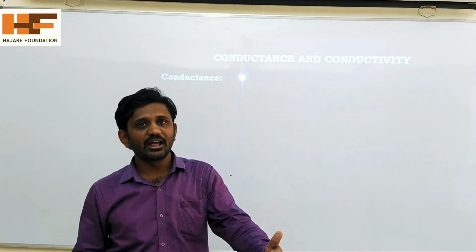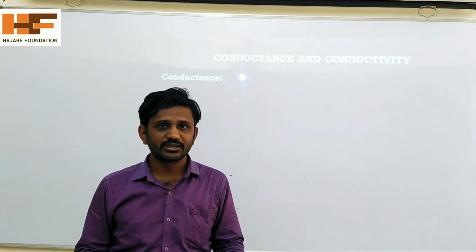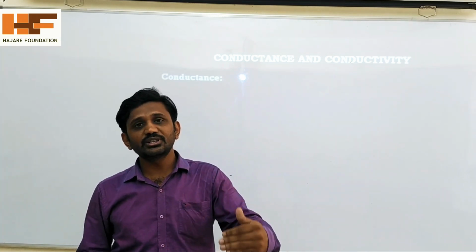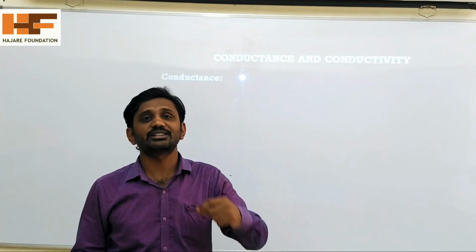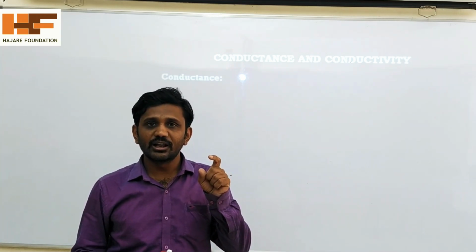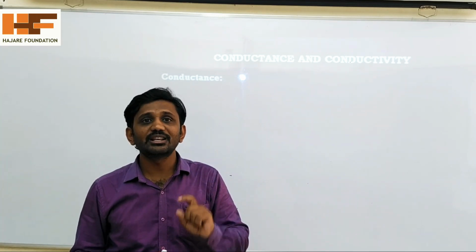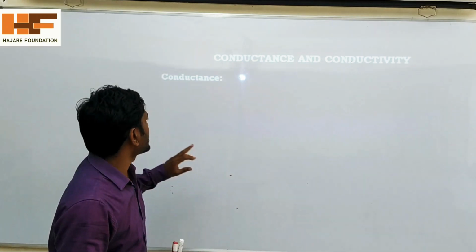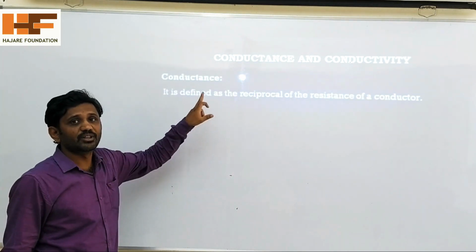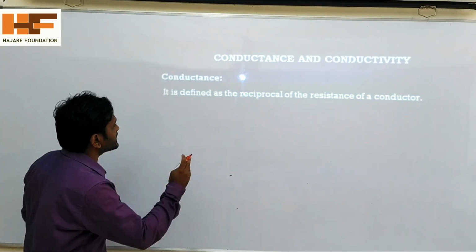Some materials pass more current through them, some pass less. Materials which pass more current have more conductance. Materials which allow less current have less conductance. It is also defined as the reciprocal of resistance. That we represent as conductance.